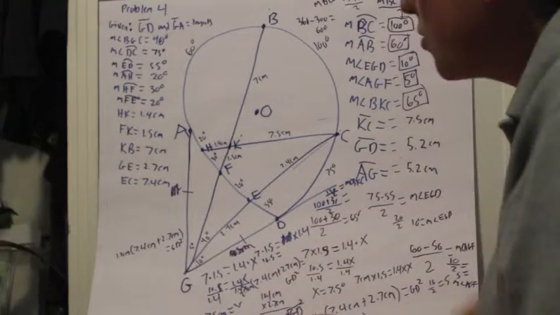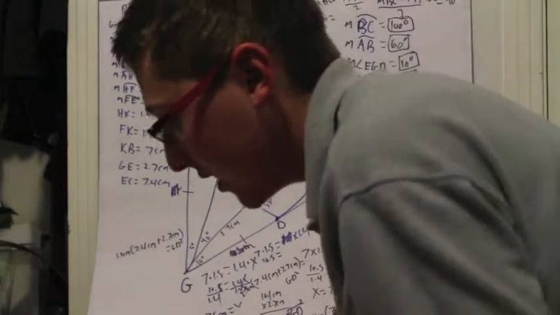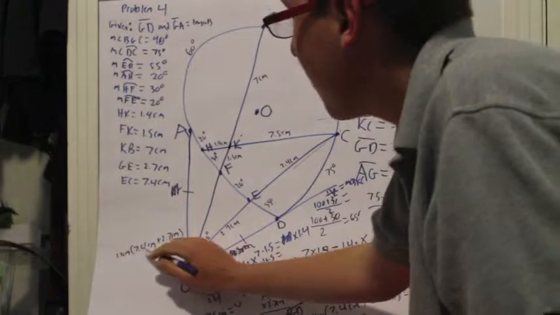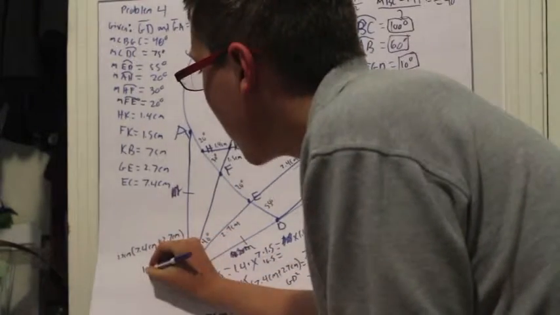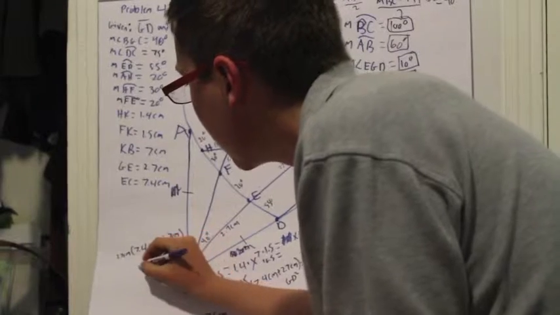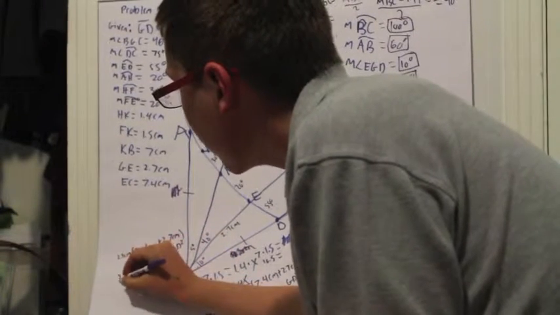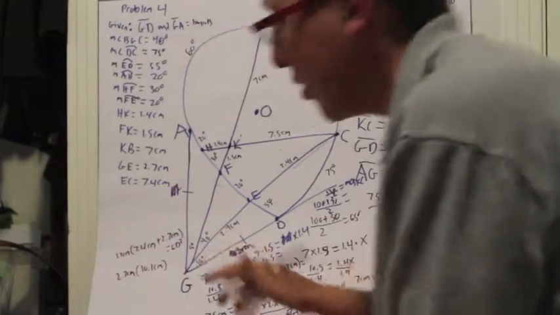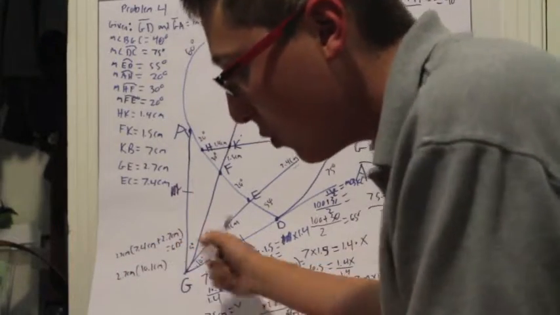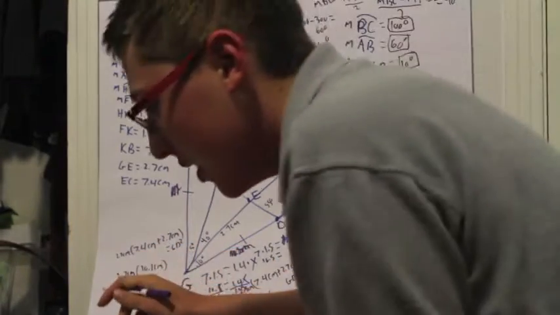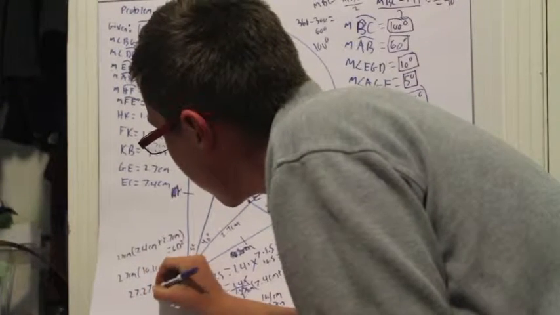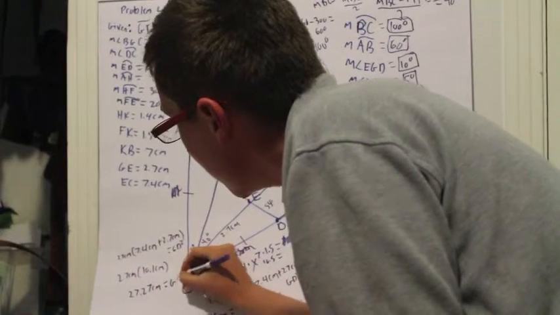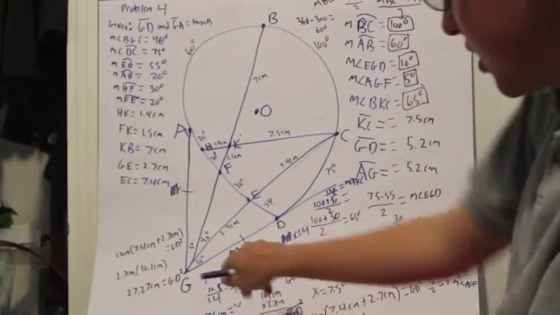So if we use this formula, we can find out that 7.4 plus 2.7 is 10.1 centimeters. And we multiply that by 2.7, which will give us 27.27 centimeters equals GD squared, which is this tangent.